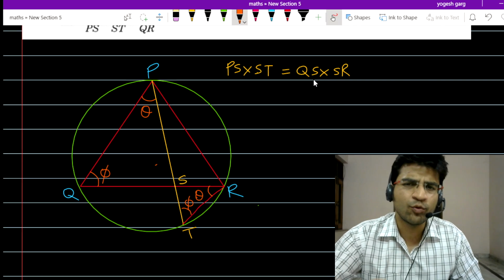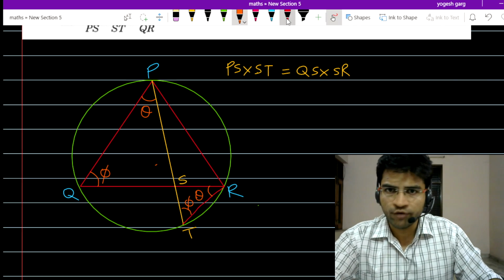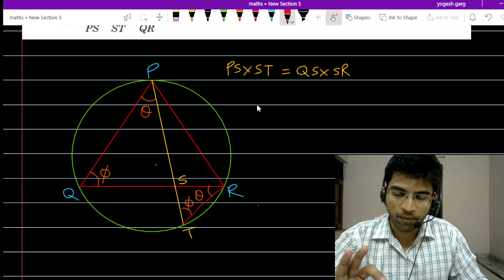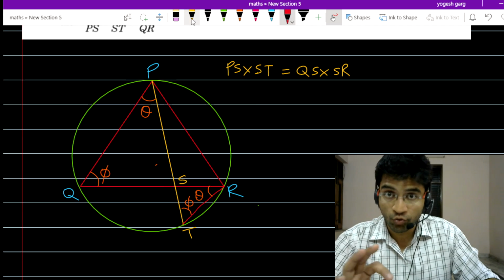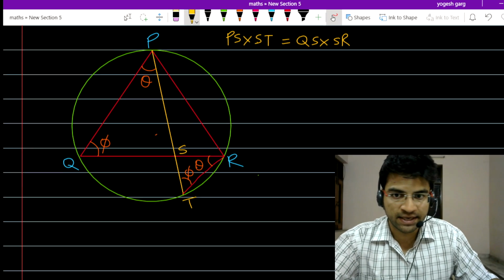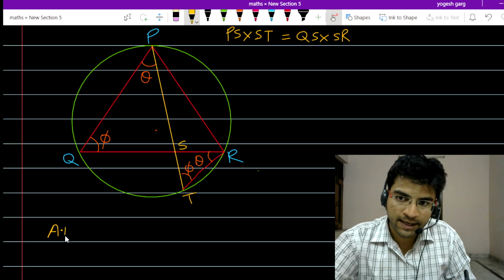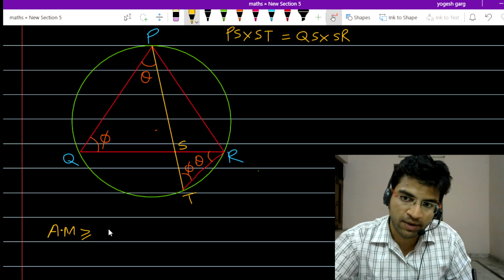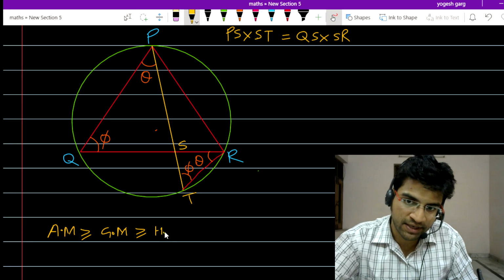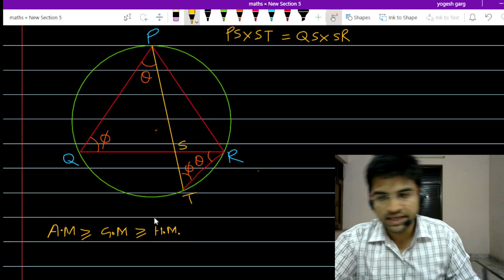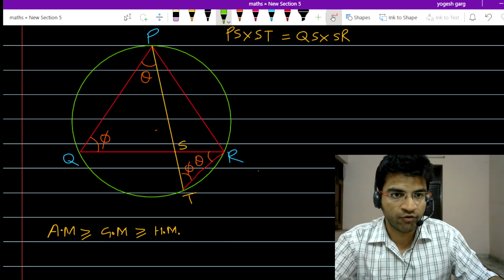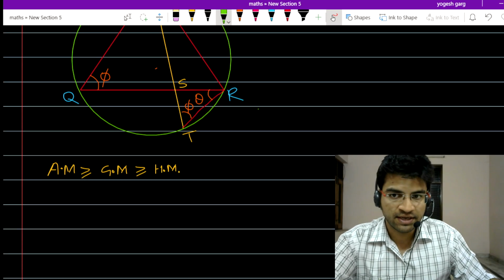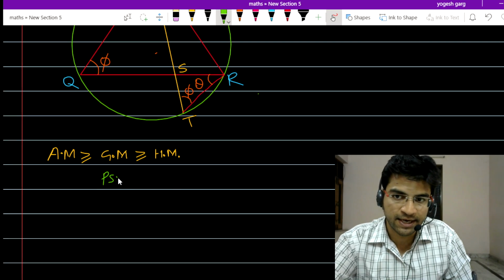Now, again, what is the utility of this? See, if you know the property that arithmetic mean is greater than or equal to geometric mean is greater than or equal to harmonic mean. Now, why am I using this? See, we know that the geometric mean of PS and ST will be the root of PS into ST, isn't it?